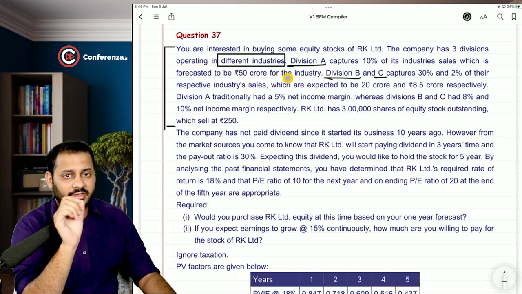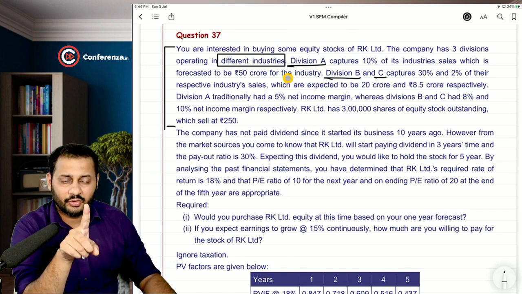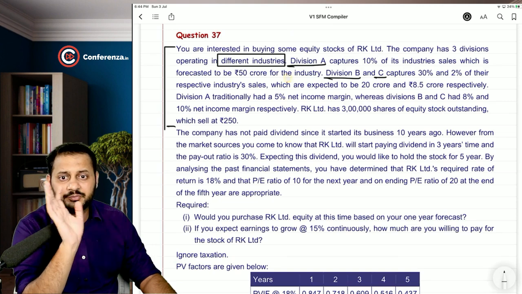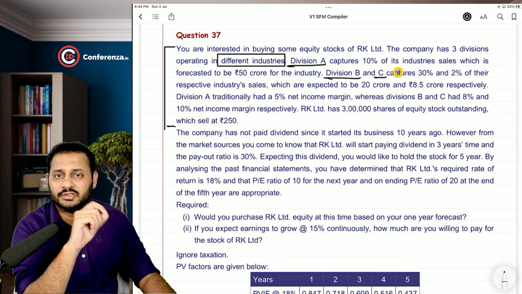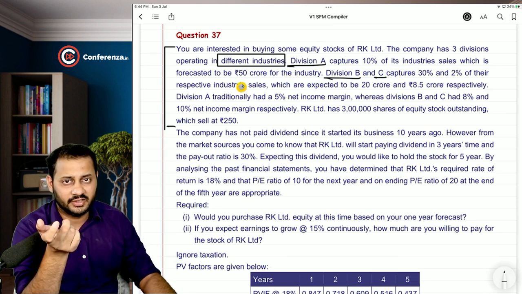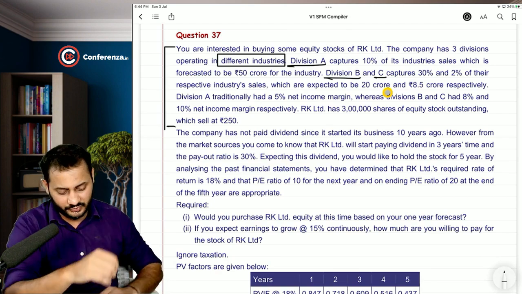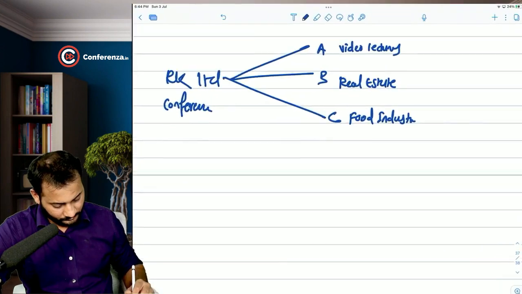So for the entire industry, the total sales is 50 crore and we could capture only 10% of it. Division B and C can capture 30% and 2% of their respective industry sales, which comes to 20 and 8.5 crore. So understand. It goes like this.